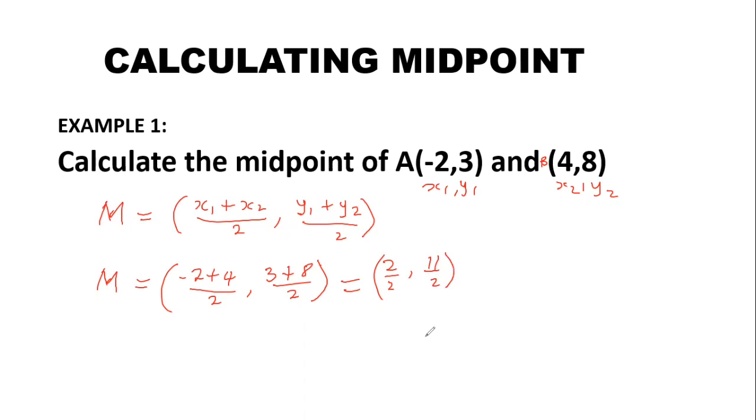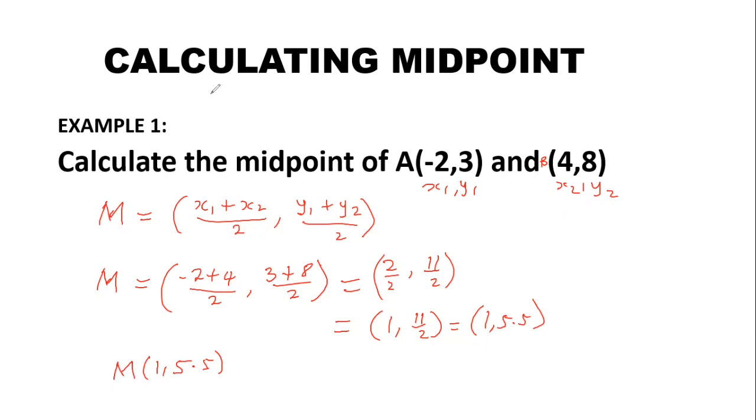Depending on how you are asked to leave your answers, this can be left as a fraction as 1, 11 over 2, or is the same as 1, 5.5. So it means that this is our midpoint. So we can write it as M into brackets 1, 5.5.